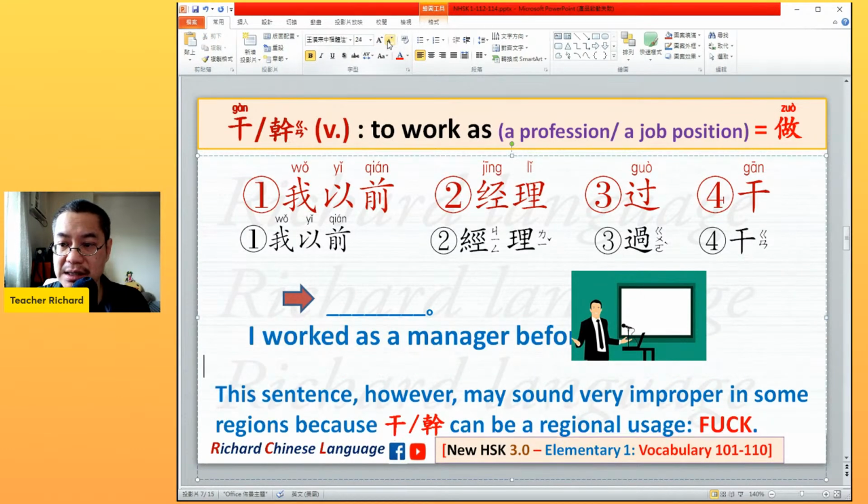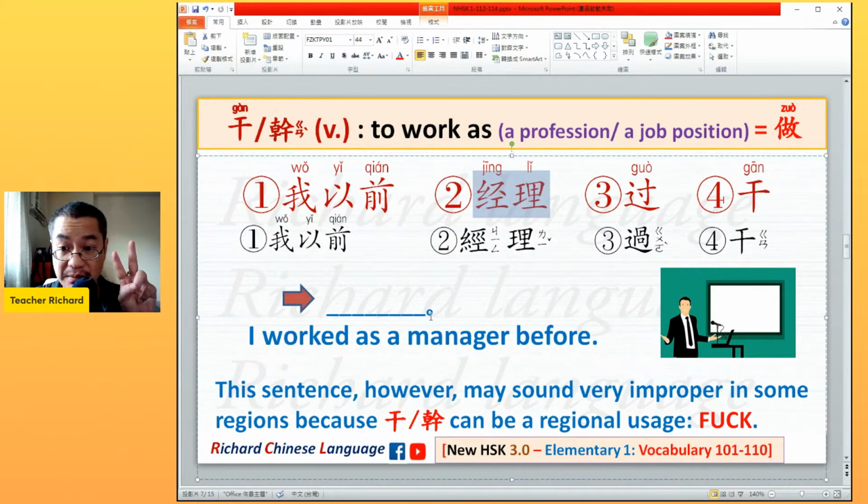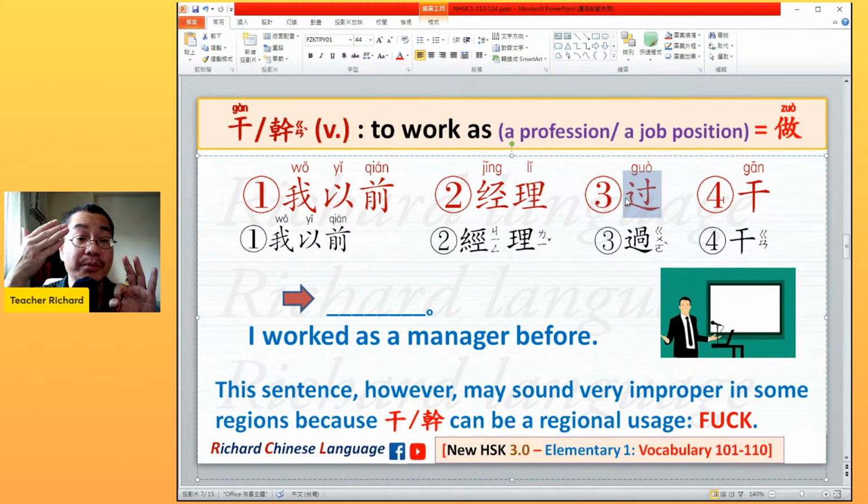Okay, here, 经理 means manager. 我以前经理过. Okay, 过 is a function word to talk about your previous experience. So it's like a marker to talk about your previous experience.